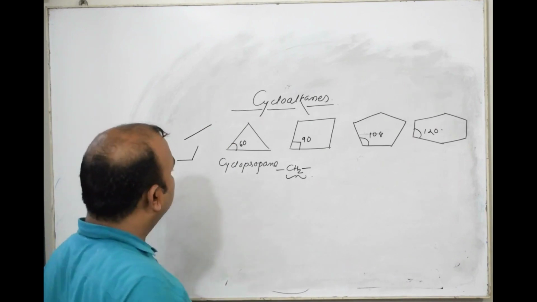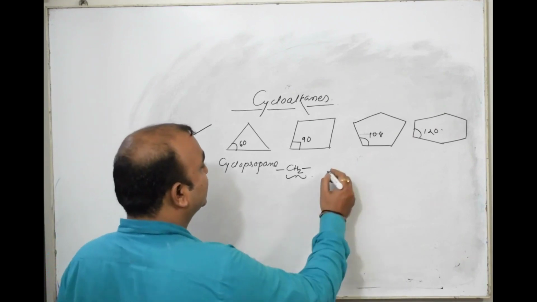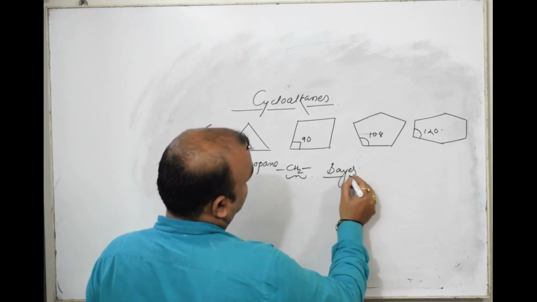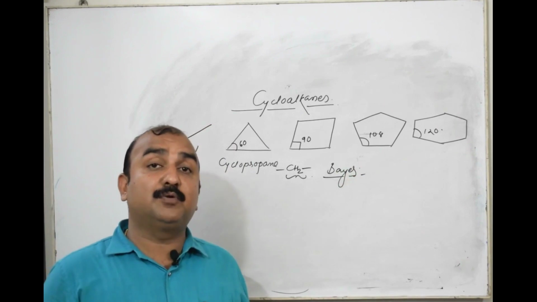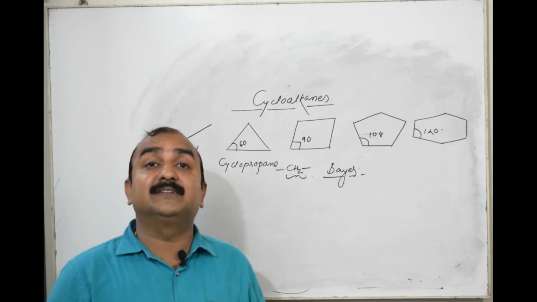The work on the stability of cycloalkanes was done by the scientist Baeyer, and he postulated a theory known as Baeyer strain theory.